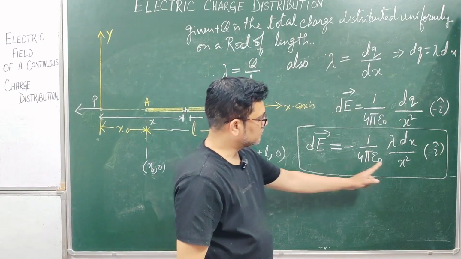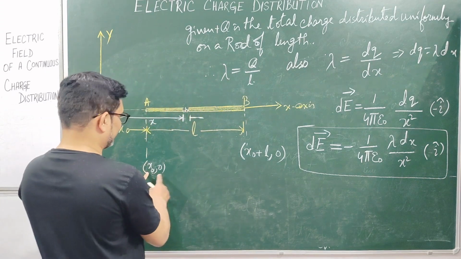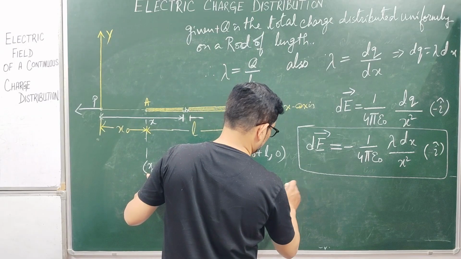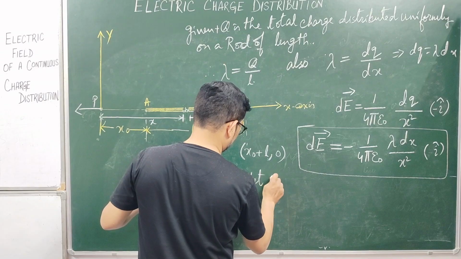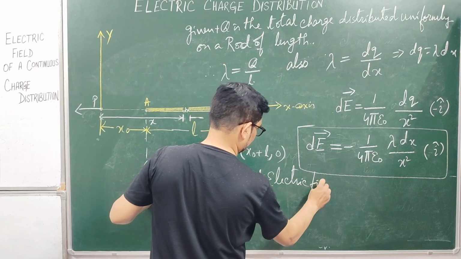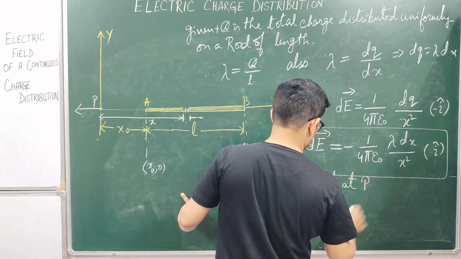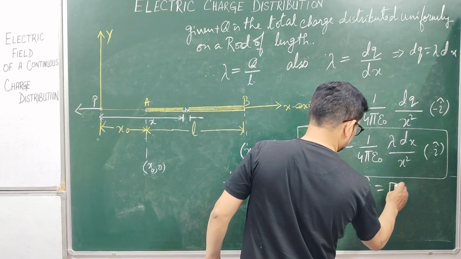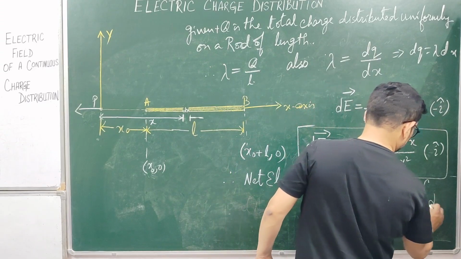If you integrate both sides, you'll be able to figure out the net electric field, and when you put the limits, you will get the value. So the net electric field at P will be E net, which is the integration of dE.